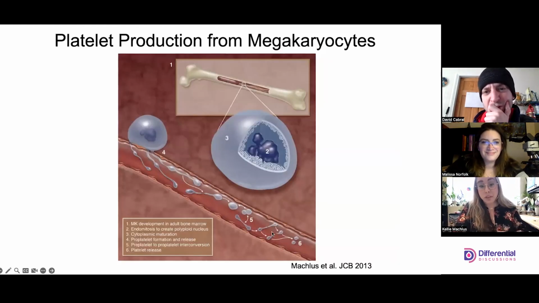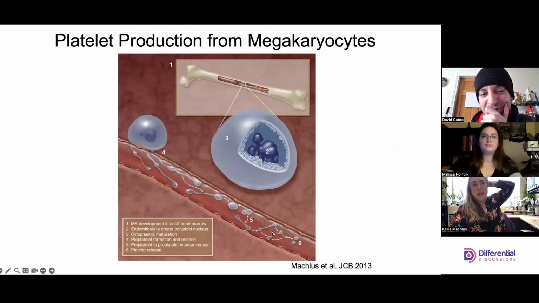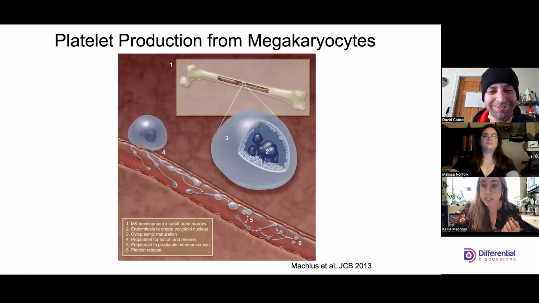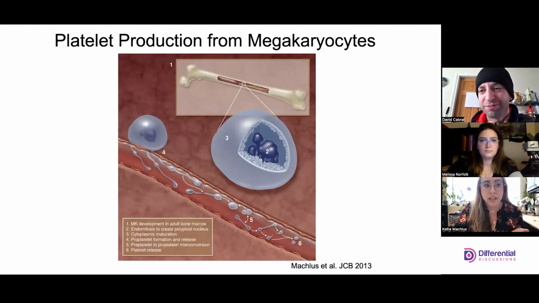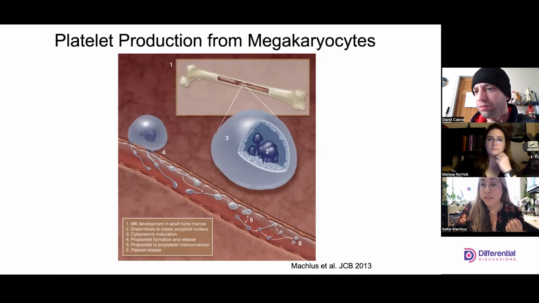So how are platelets made? Evolutionarily, it's actually wild that megakaryocytes exist, because platelets, or thrombocytes, existed first. Fish have thrombocytes, which are a mix between a white blood cell and a platelet.